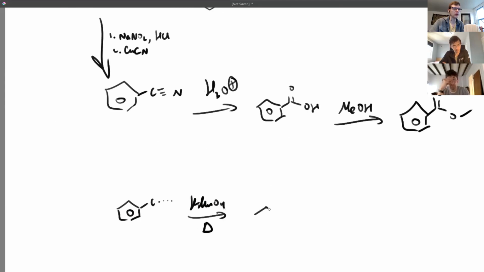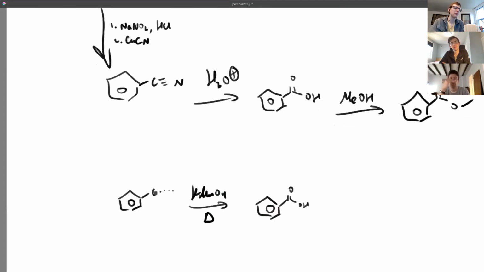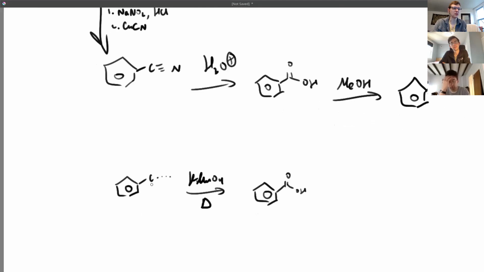So if you do this, then you wind up with the carboxylic acid. We need to make an alkyl first. Yeah, but getting to this will take more than 1 step for sure, right? Because from here you just do Fischer esterification. That one's given. You can't get away without that.